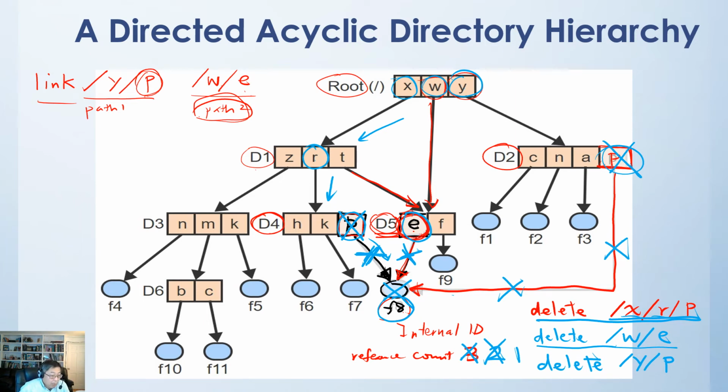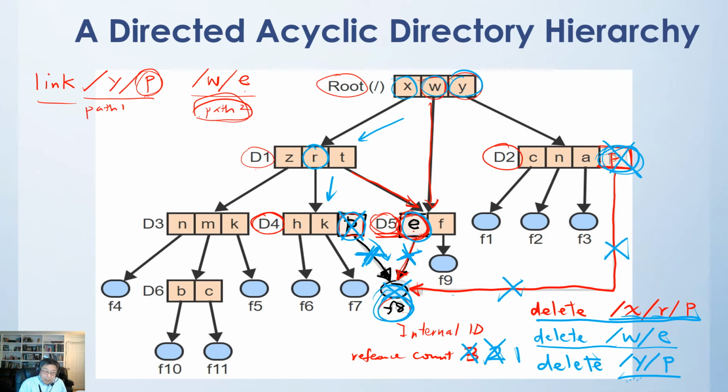Because this D2 is the last directory, the last path that contains F8. If I delete the file P, then I'm going to completely delete the file.